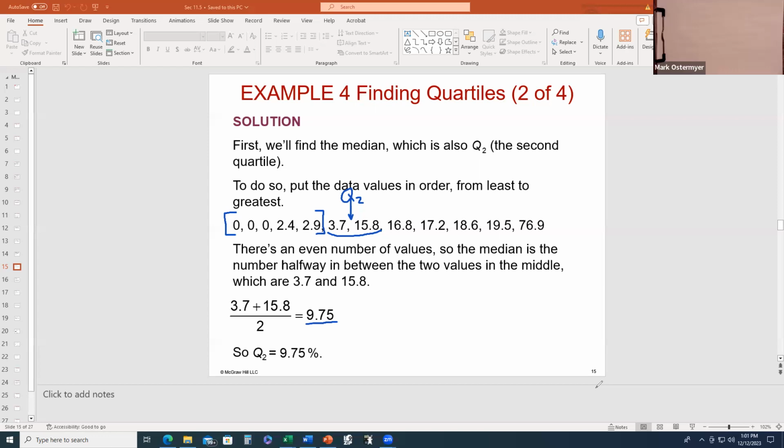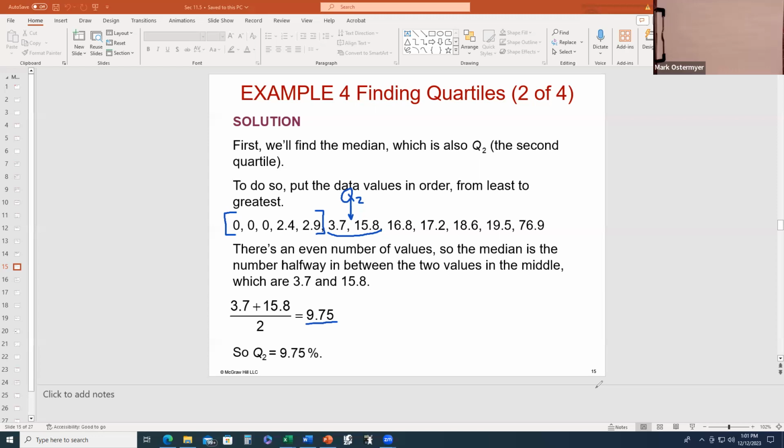All right, now Q3, that's going to be the median of the upper half of your data. And there's 1, 2, 3, 4, 5 observations in the upper half. No, not 5 observations. There's 6 because Q2 is dead center between 3.7 and 15.8.